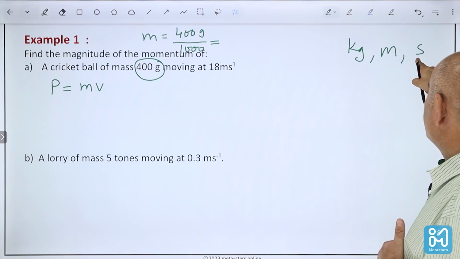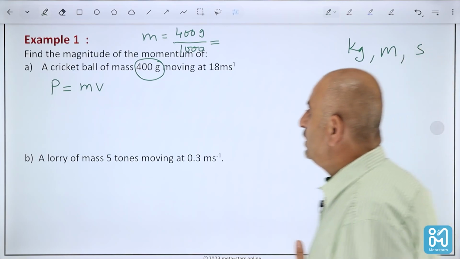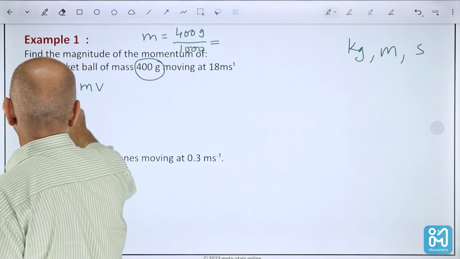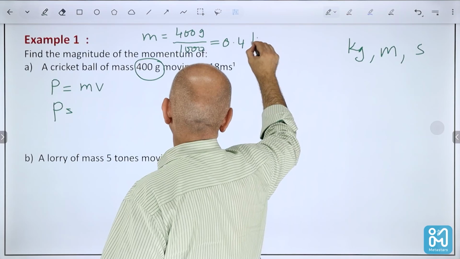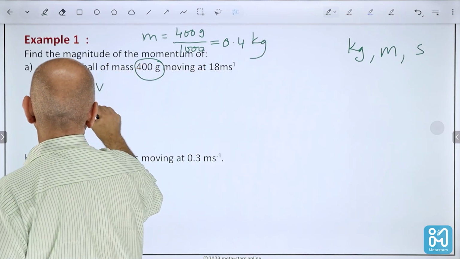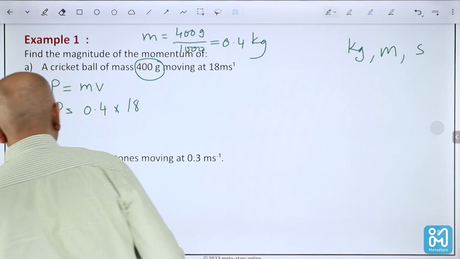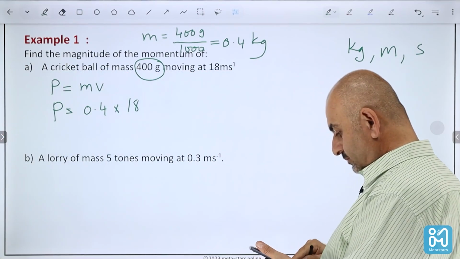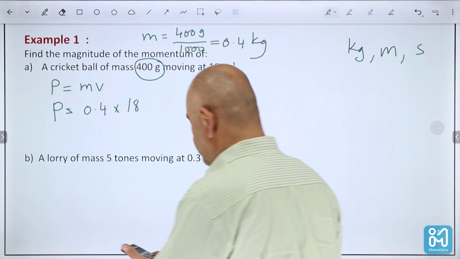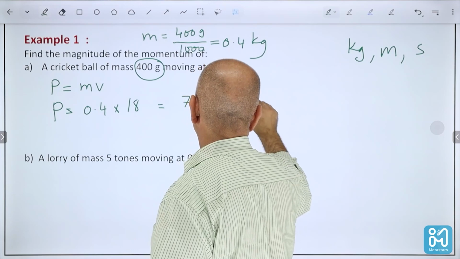Whenever time is given in days, hours, or minutes, you have to change them to seconds. So in this case, momentum equals 0.4 kilograms times 18, which is 7.2 kilogram meter per second.